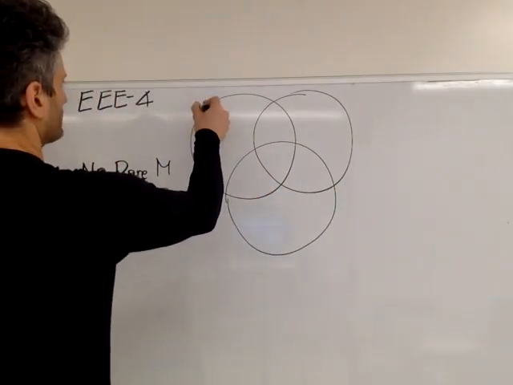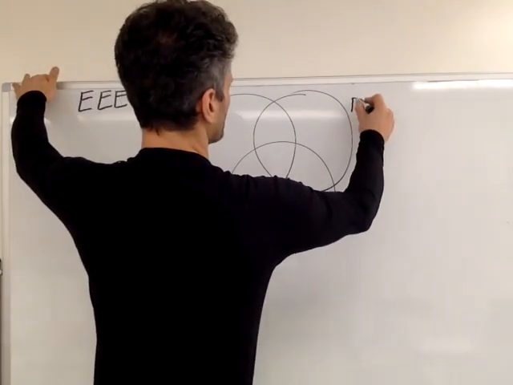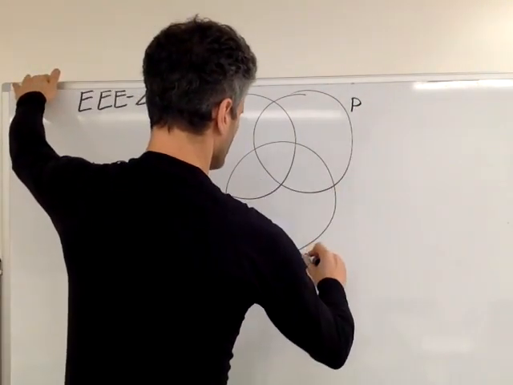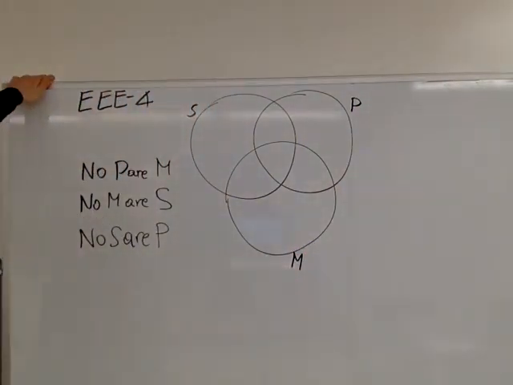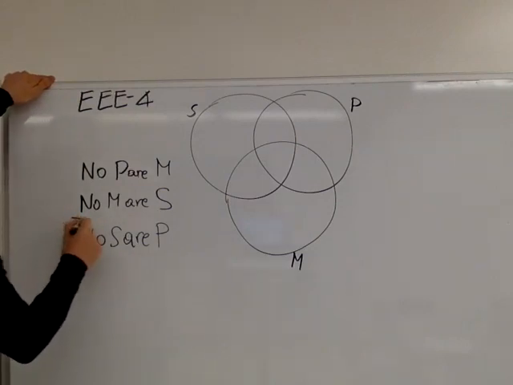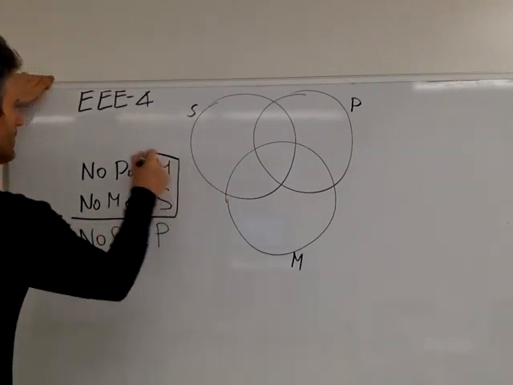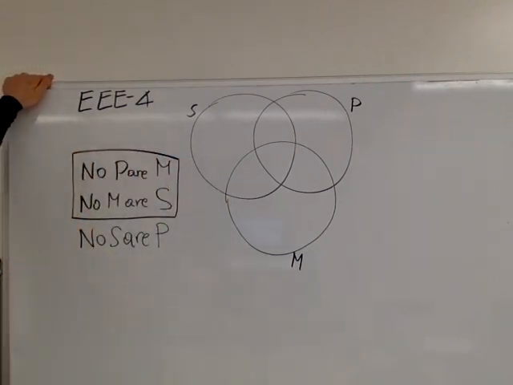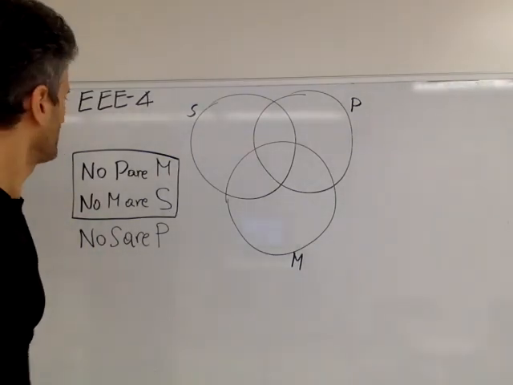So we label circle S, P, and M. Okay, and once again, we diagram only the premises.